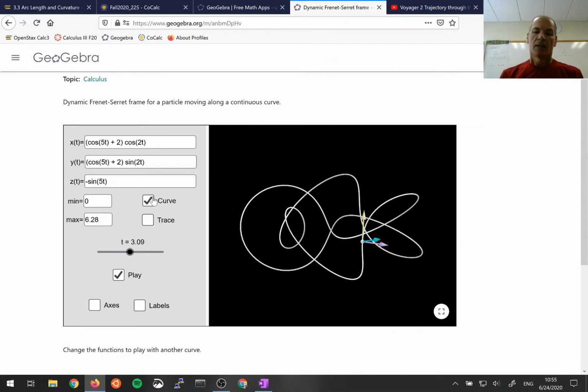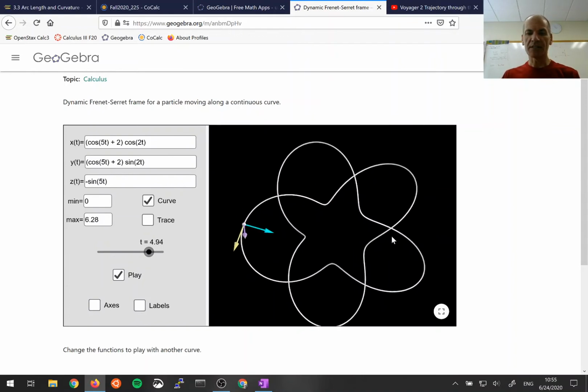Okay, hopefully you figured that out. You can see that the yellow vector is definitely pointing along the curve. And as it sweeps through, for me, I feel like back here is kind of where I really can tell the difference between the normal and the binormal. It's along this sweep.